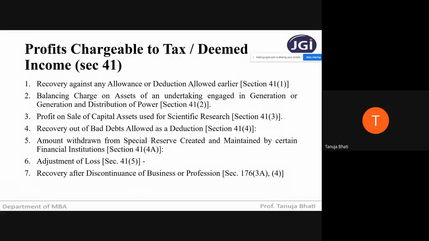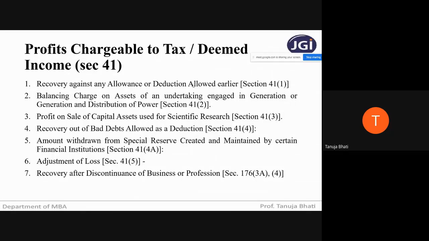Then whatever amount we have recovered because of an expenditure which we had claimed the benefit of in some earlier years, that recovery of that particular expenditure, loss, allowance, deduction becomes our profit chargeable to tax, or it is called a deemed income.